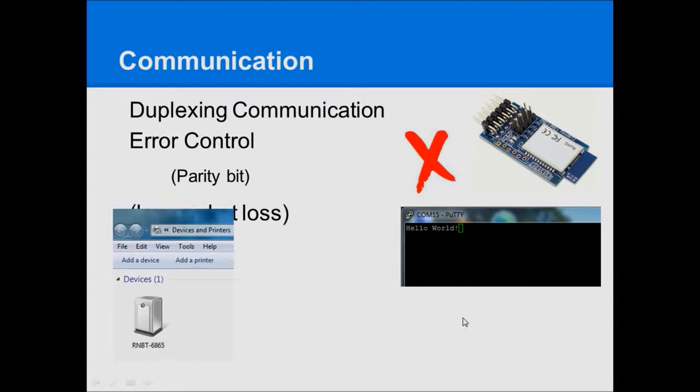To address this problem, we use an error control mechanism, but this Bluetooth chip doesn't support parity bits, so I used an echo scheme, which means when you send a byte, it will resend what you just sent. So when you send and receive, they need to match each other.